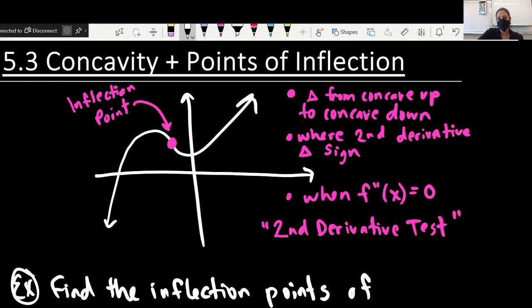I said I was going to be lazy, and now I'm writing it all out. Find the inflection point(s). I'm going to put the s in brackets because it could be one, it could be more than one. It depends on the function we're working with.